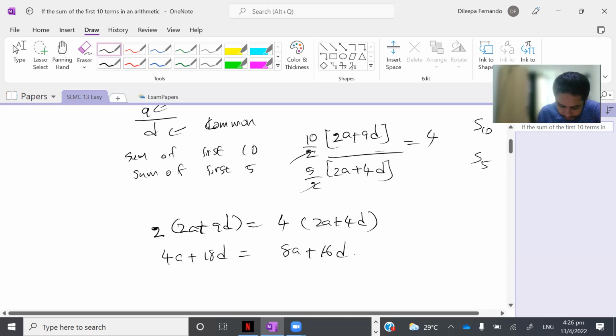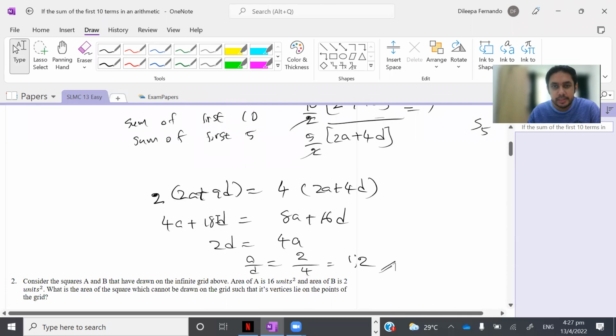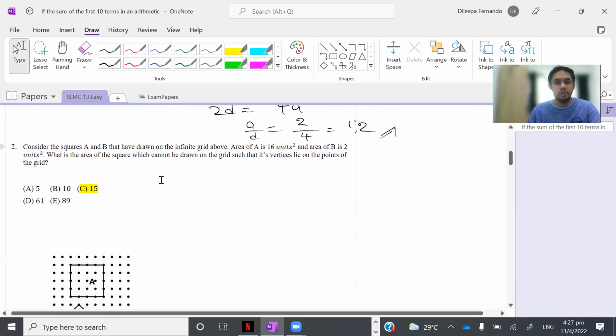You can see that we arrive at the ratio: 2d equals 4a, so a divided by d equals 2 divided by 4, which is 1 to 2. I think we have arrived at the answer. Yeah, this is easy. If you can do the algebraic simplification fast, you can arrive at the answer very quickly. So let's see the second question.